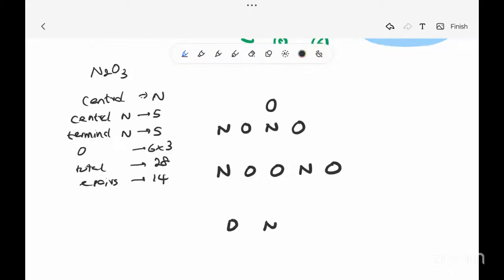Oxygen, nitrogen, nitrogen, oxygen, and oxygen. I think there are no other atom placements, right? Because this problem arises in non-symmetrical elements.